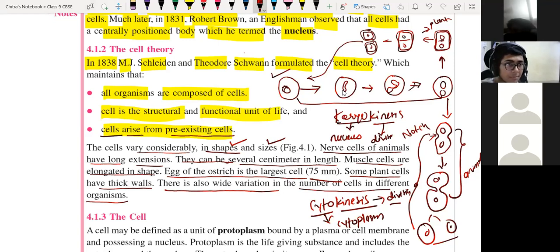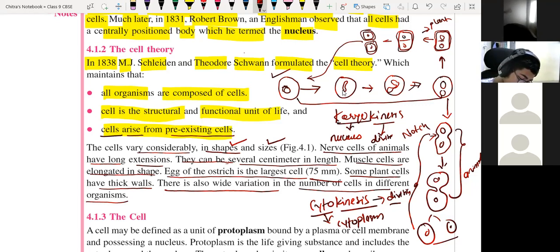But if you consider the example of the whale, the largest animal found on earth, it is made of an infinite number of cells that we can't even count. In plants also, they vary from the smallest plant, Caulerpa, which is single-celled, to the largest plant, the banyan tree, which is formed by an uncountable number of cells. So these are the variations in cells, from amoeba to whale to human being, and in plants from Caulerpa to the banyan tree.